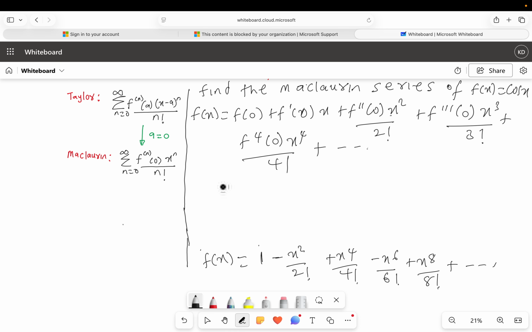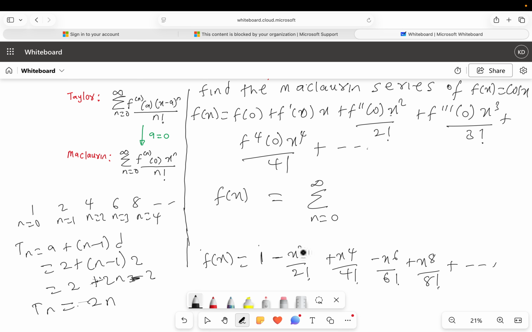So I will have f of x equal to summation of n is equal to 0 to infinity. You can see in each of the values I have x to power 0, x to power 2. So I will have x to the 2n, divided by 2n factorial, because the power is the same thing as the denominator with factorial.